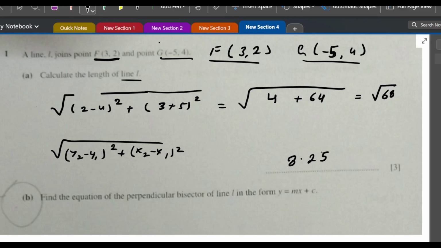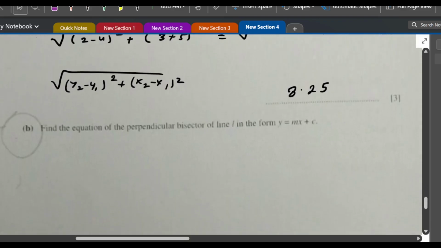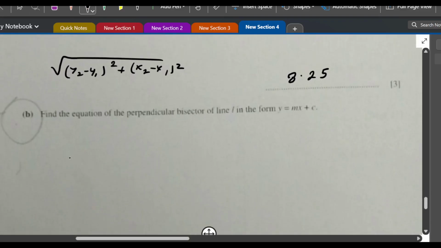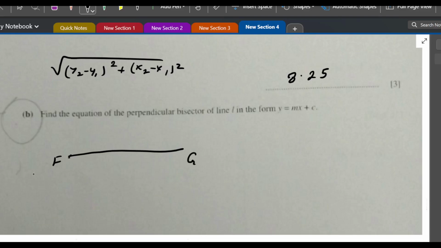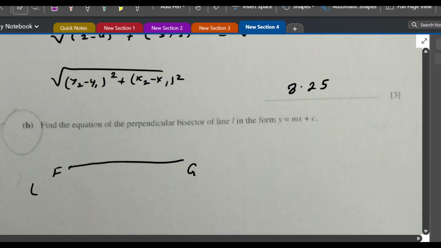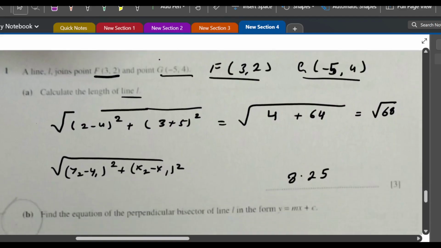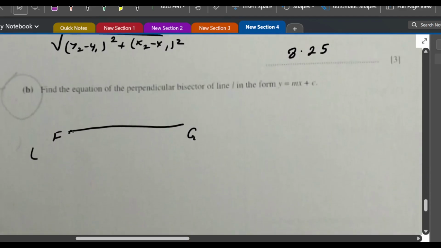Now the second question is to find the equation of the perpendicular bisector of the line L. Graphically, if I represent, this is my point F and this is my point G. F has the coordinate 3, 2 and G has minus 5, 4.